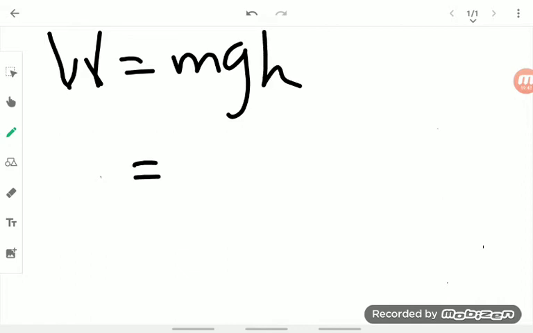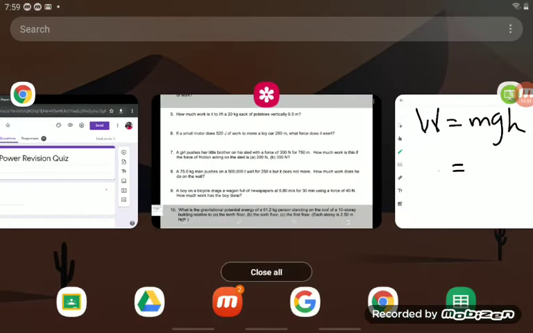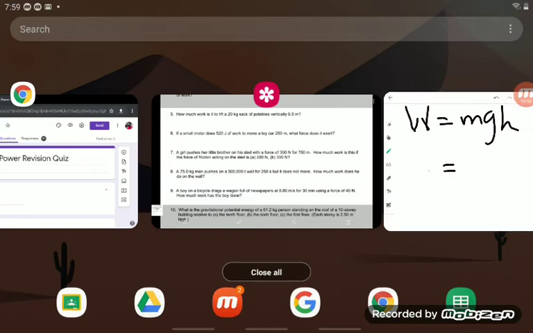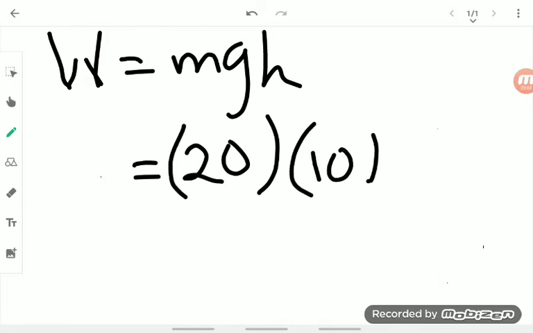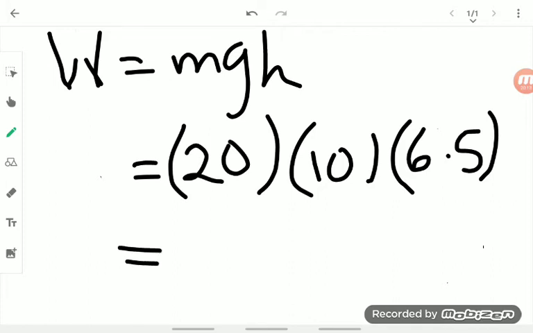So the mass is given as 20 kilograms, g is 10, and it's lifting 6.5 meters. So it'll be 20 times 10 times 6.5. So that will be 1300 joules.